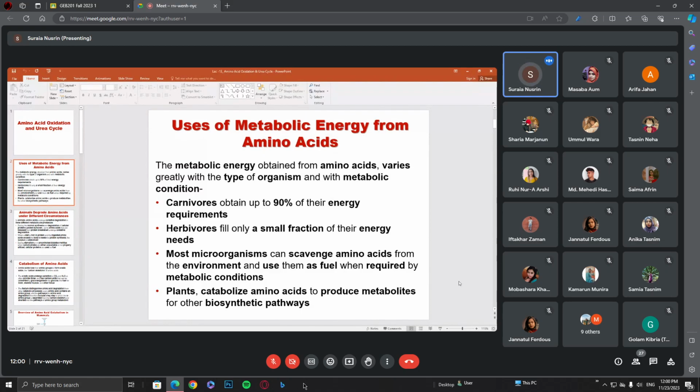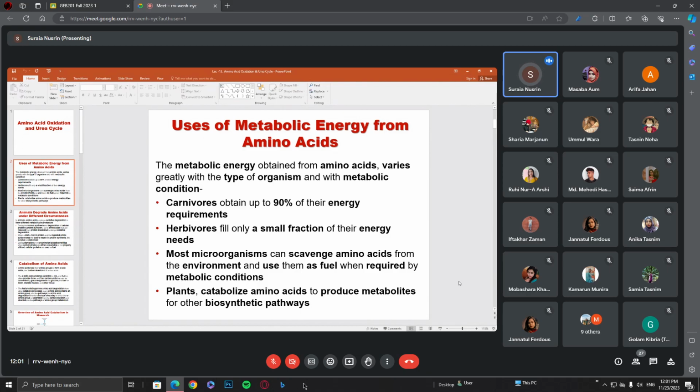So obviously we know, according to what type of food we consume, there are different types of animals, such as one type called carnivores. Carnivores actually consume meat.